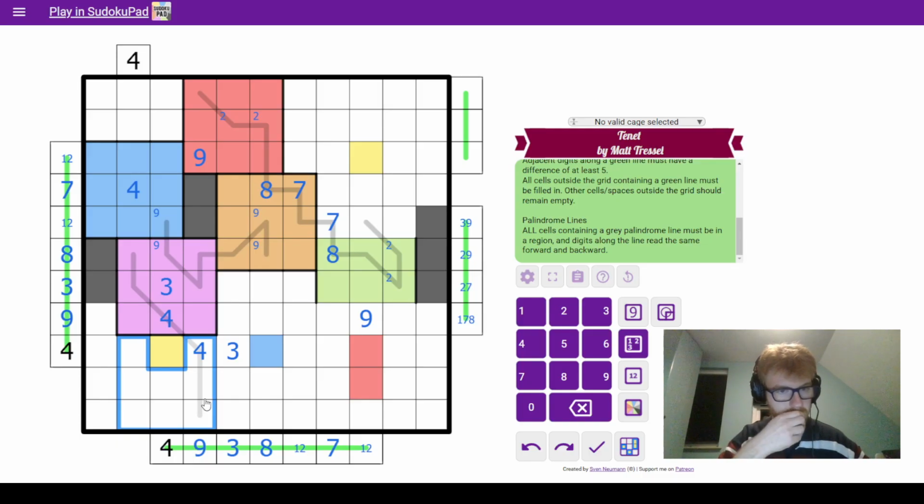Oh, that's not true. Okay. No, it would just mean these 3 cells make another set. These 2 cells will be the same as these 2 cells. But that's true either way.